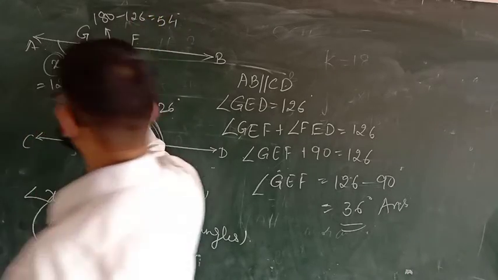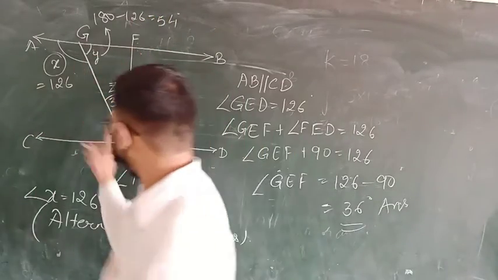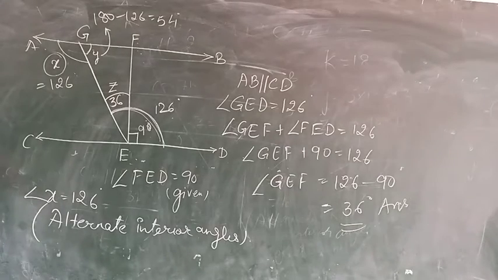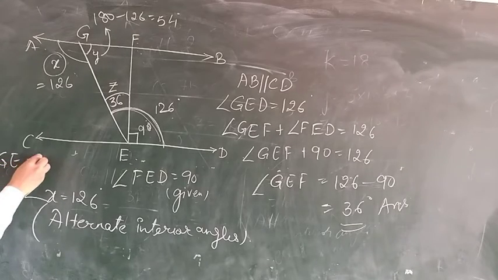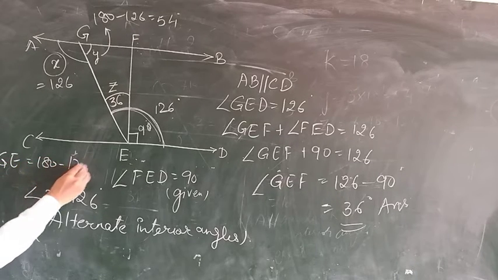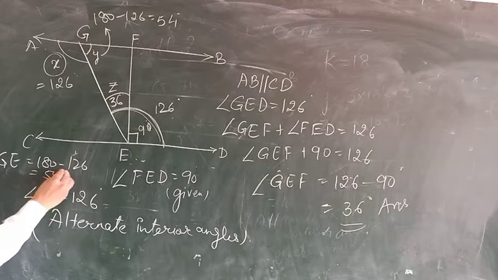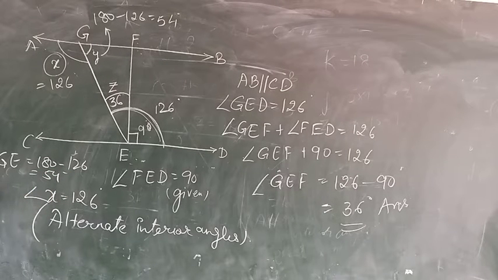So the value of FGE is 180 minus 126, that is 54 degrees, and these are linear pair angles.